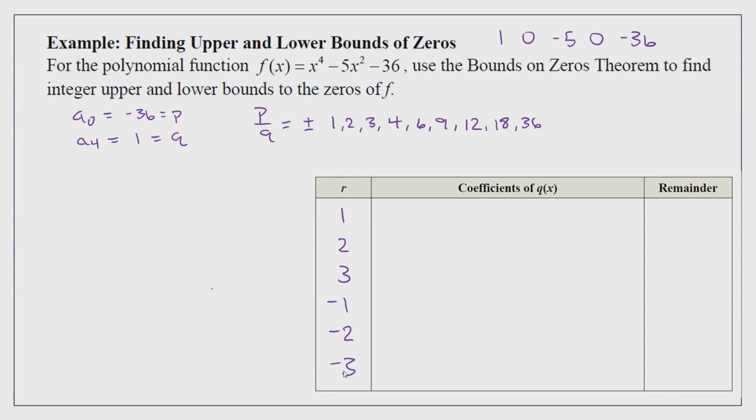If all of the signs in the bottom row of our synthetic division alternate, so no zeros allowed, then the value of R is a lower bound. Okay, so let's test this out. All right, so let's first test out 1. Okay. And then I'm going to put my coefficients.